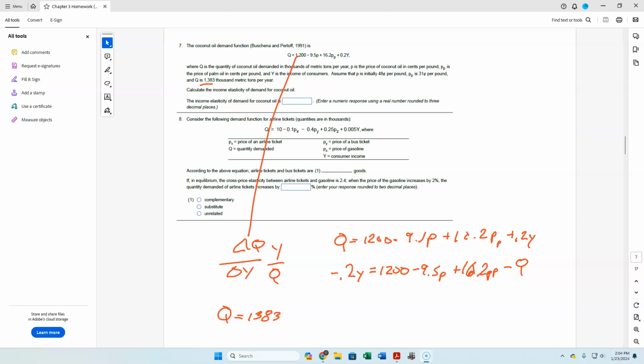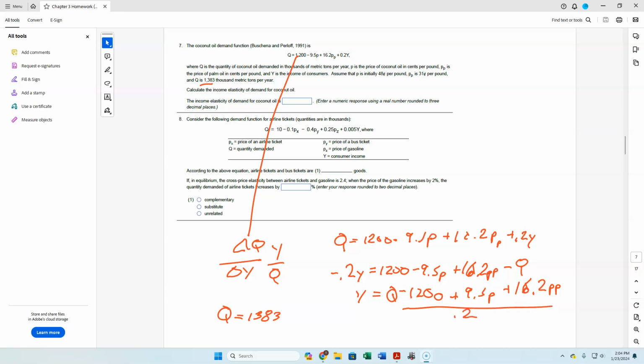Divide each side by negative 0.2. It's going to make my negative Q a positive. I'm just going to put my Q out in front here. Y equals Q minus 1200 plus 9.5 P plus 16.2 PP, divided by 0.2.